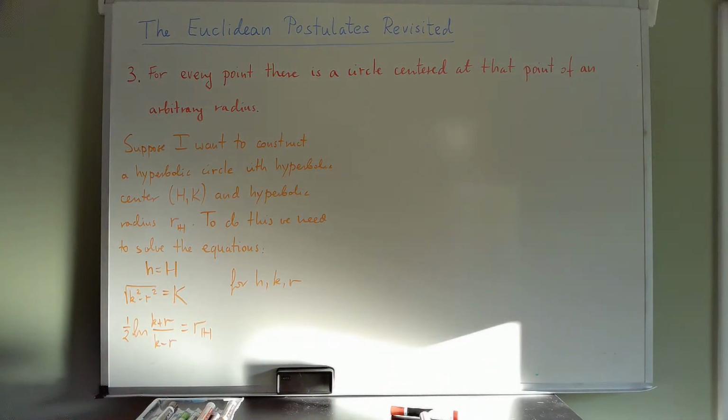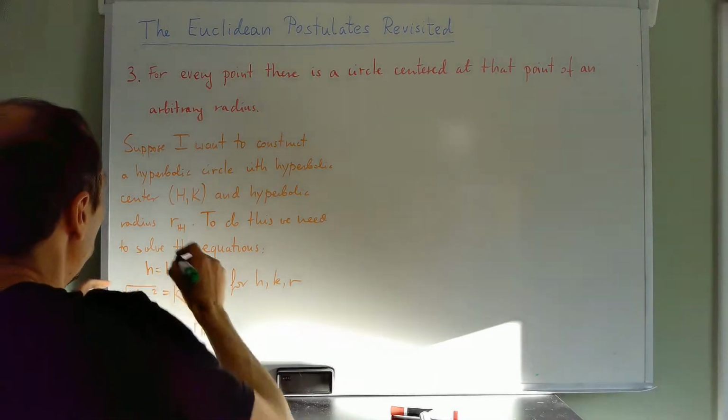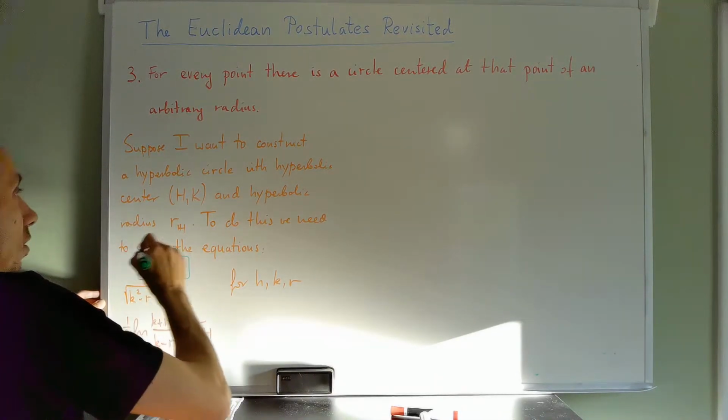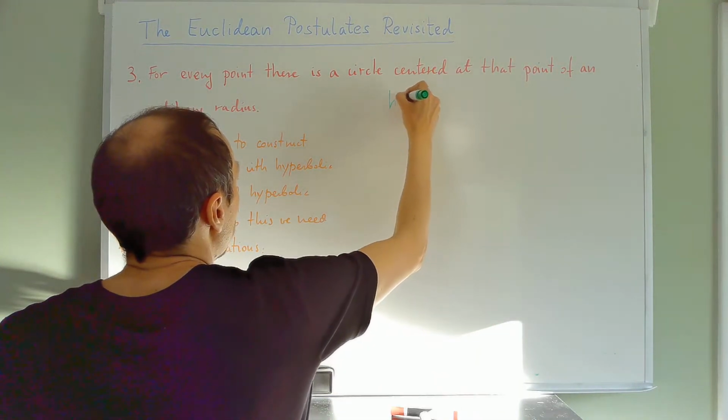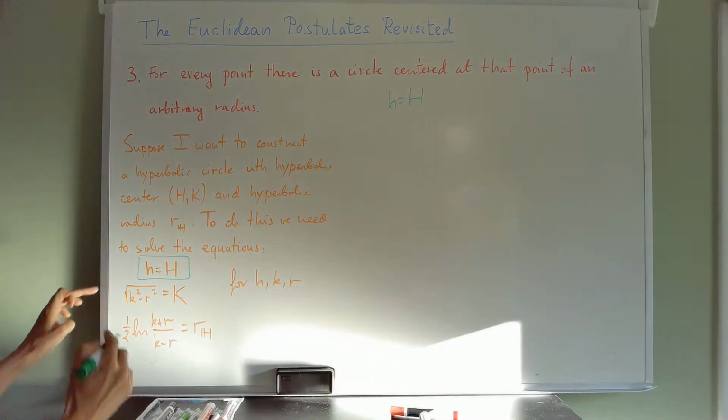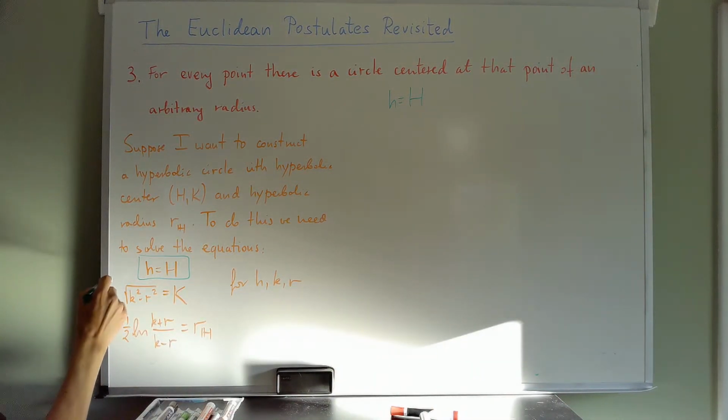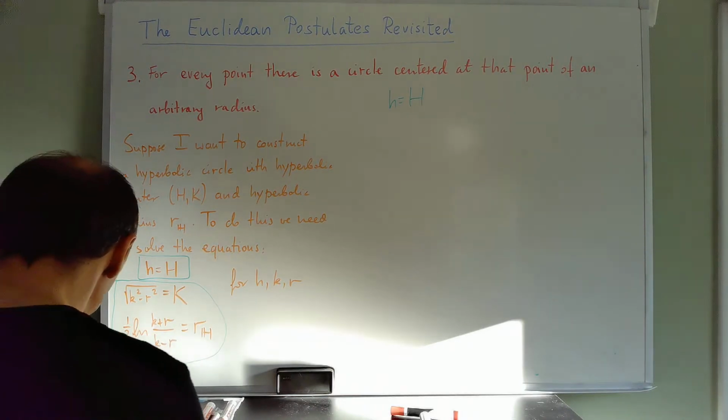This is not difficult at all to derive, it's just manipulating some formulas. So how do you get the solutions? Well, first of all, the first equation is just staring at you there: h is equal to H. That's already solved. So it's just these two that need to be solved, for little r and little k. And the solutions are the following.